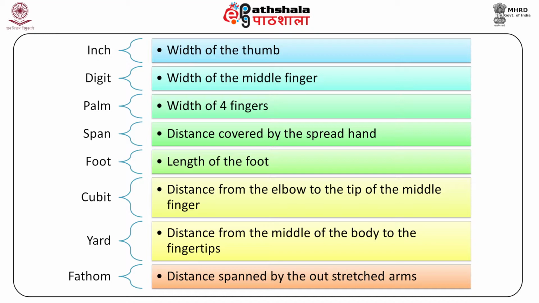Next is yard. It is the distance from the middle of the body to the fingertips of the outstretched arm, which is about 36 inches. Next is fathom. It is the distance spanned by outstretched arms, which is about 72 inches.